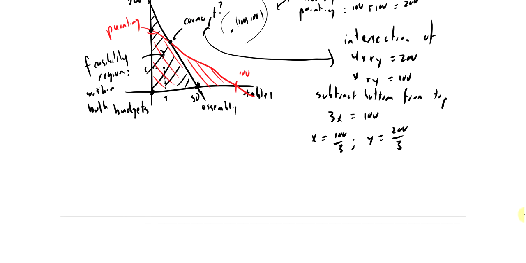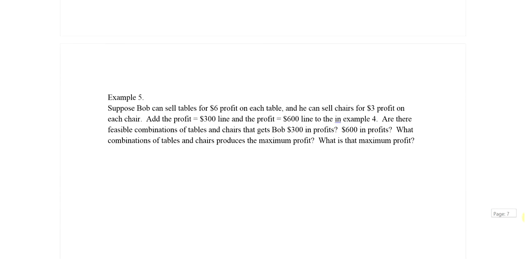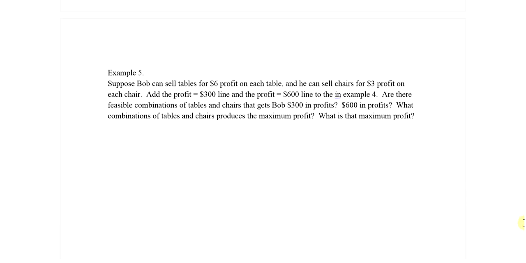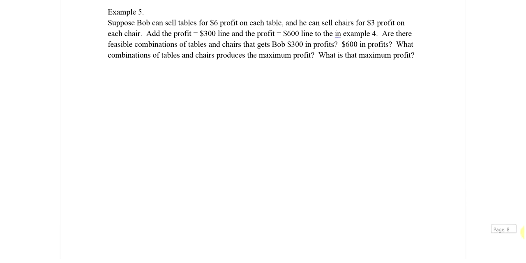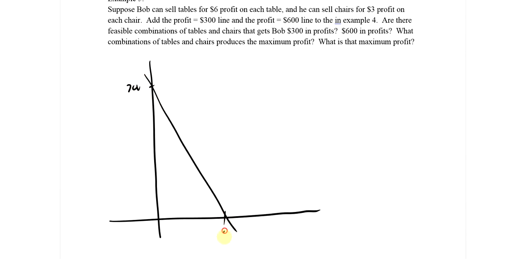Okay, so now on this next page, we have an additional problem. And before I go through that, let me redraw this picture, slightly less messily. Great. So we have 250 as my intercepts for my assembly budget.